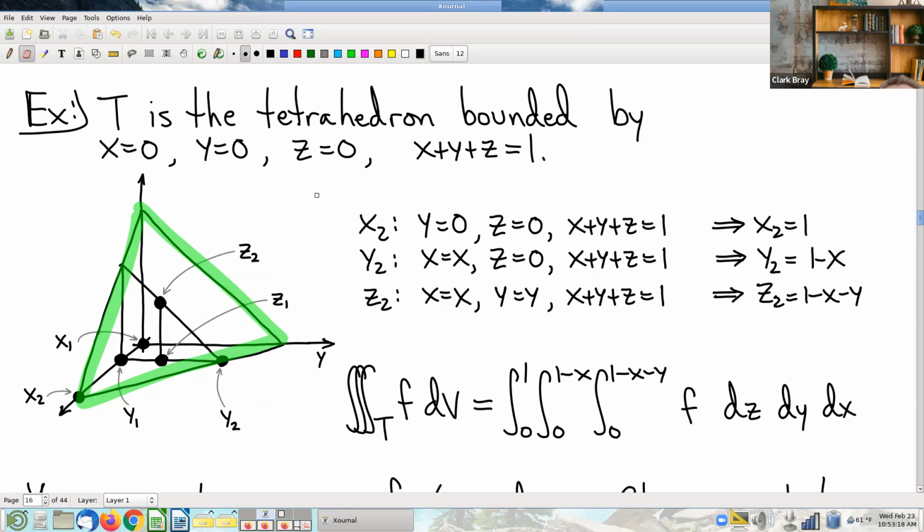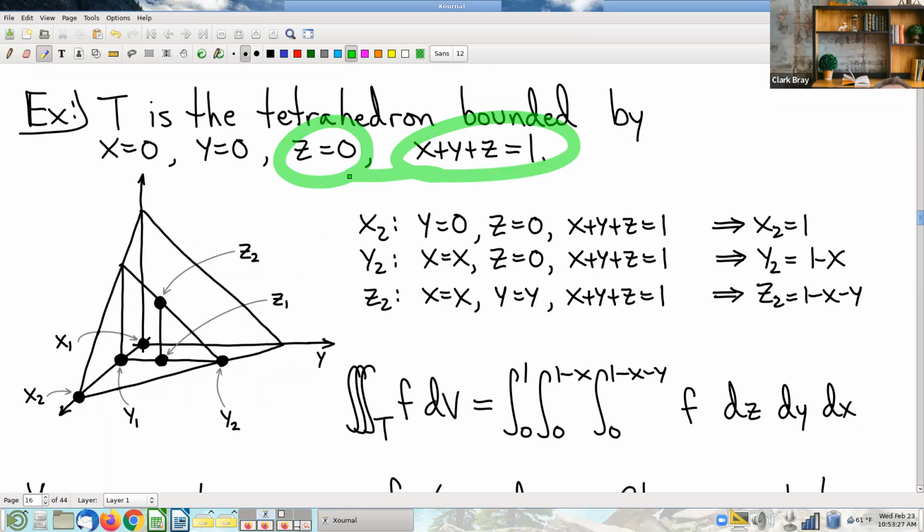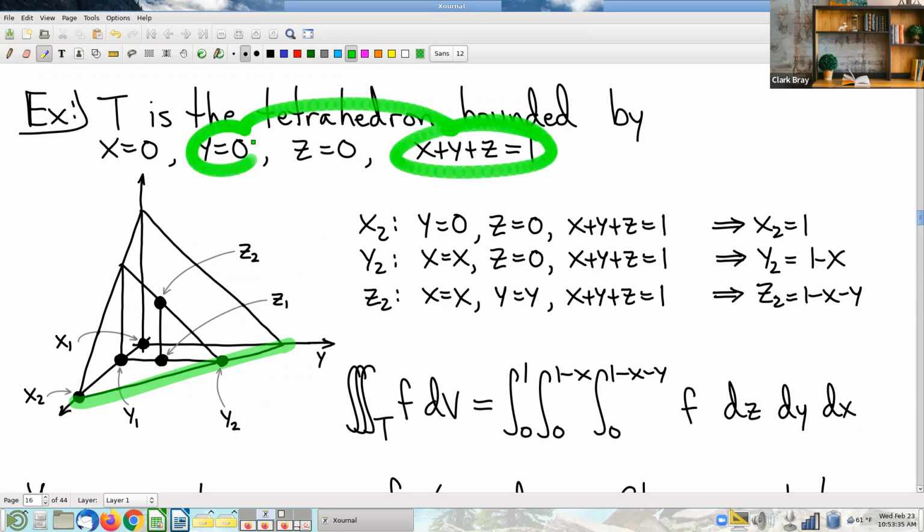Another thing you could do is ask, how does this plane intersect that plane? And that's just x plus y equals 1, which is easy to draw. And then you could likewise ask how this intersects that plane, and that gives you x plus z is 1, etc. Yeah. Is that cool? Yeah.